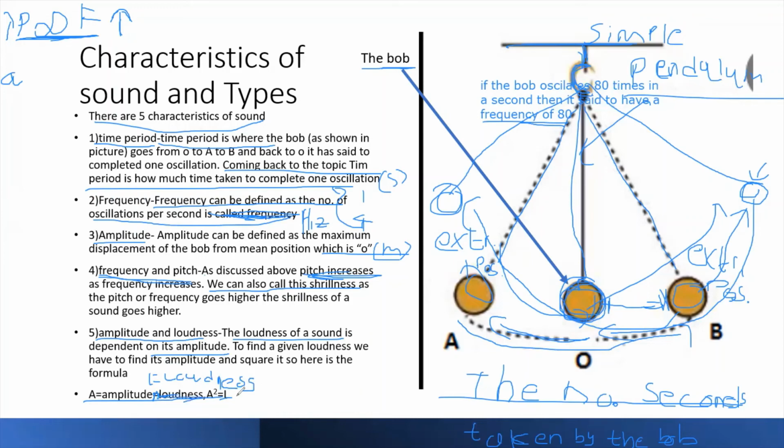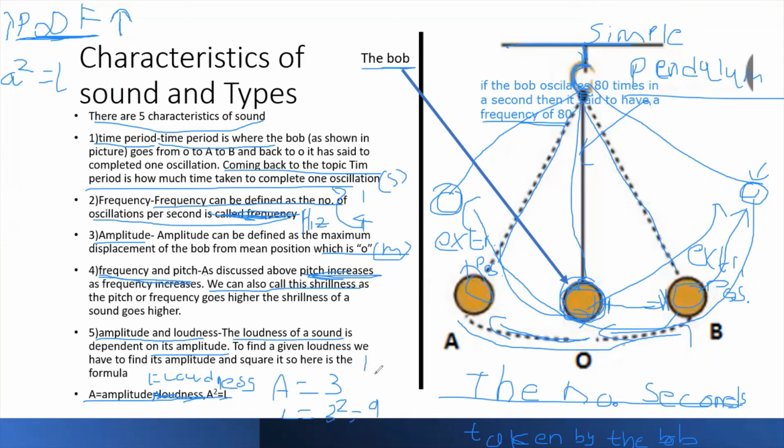Now, if we do A squared, we will get the loudness of a sound. So if A is given as 3, then the loudness would be 3 squared, or 9.